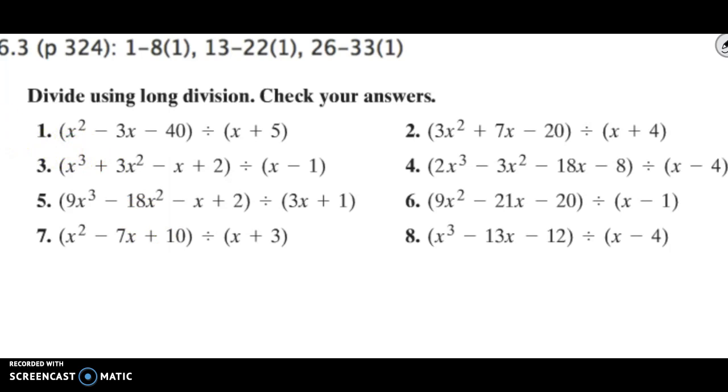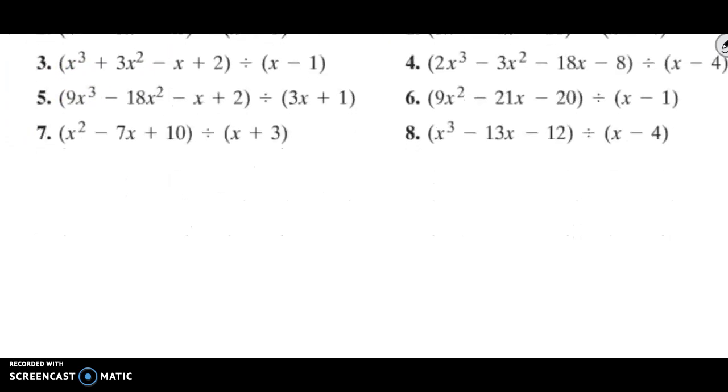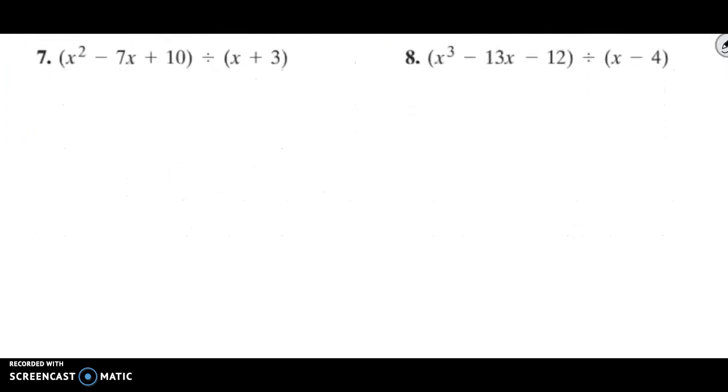Okay, so we have divide x cubed minus 13x minus 12, and we're dividing that by x minus 4. So x minus 4 goes on the outside, and then underneath my division bar, we have x cubed. There is no x squared term, so I'm putting in plus 0x squared.